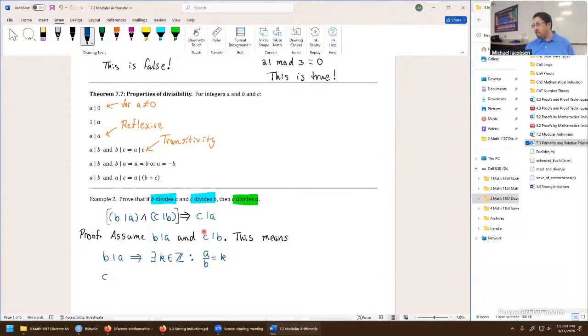If we have C divides B, then this would imply, and let me use subscripts here, I forgot there's two values, so let's start with K1 here. And next, there exists K2, or a different letter if you prefer not using subscripts, there exists K2 in Z such that we said C divides B, so B over C equals K2.